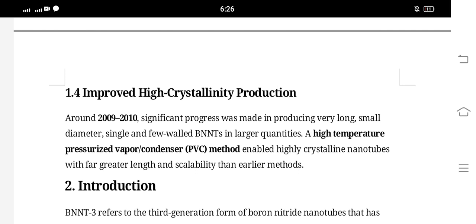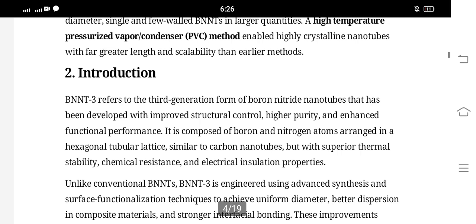The boron nitride nanotube 3 type materials, often referring to controlled multi-walled or functionalized boron nitride nanotube systems, emerged from this process.